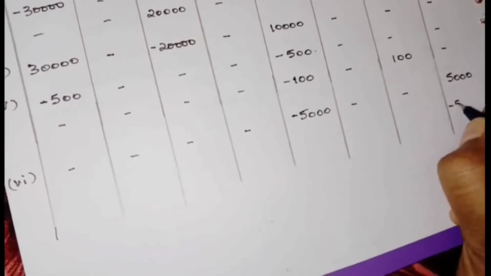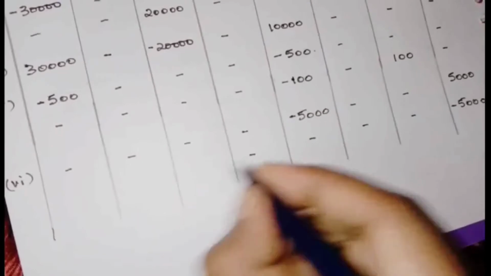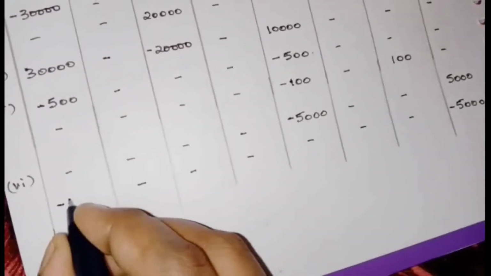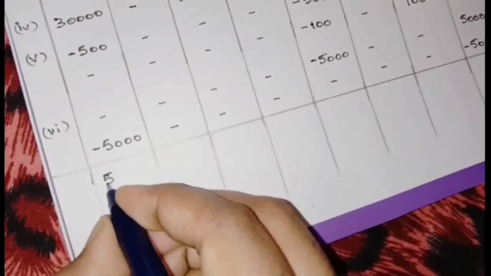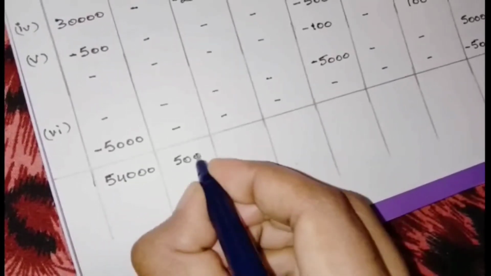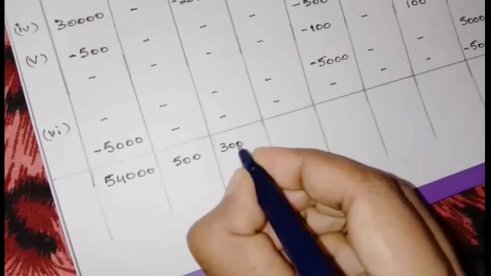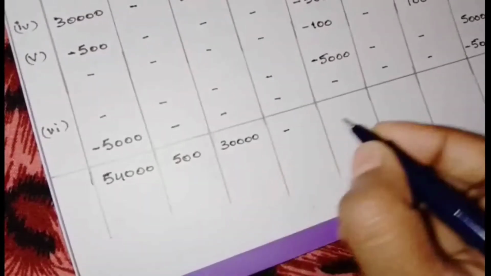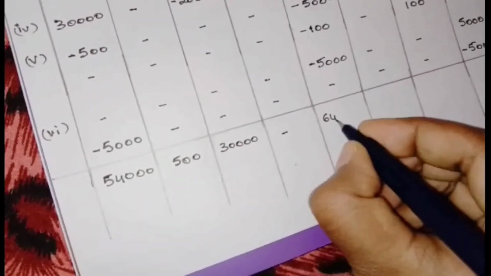It is drawings from the business, since the owner is withdrawing the amount to purchase the motorcycle for his personal use. So create the drawings head by increasing by 5,000, and then the drawings are used to purchase the motorcycle. So the motorcycle is not an asset to the business, so we will not record the asset, but we will deduct the cash amount whatever he withdrew from the business.